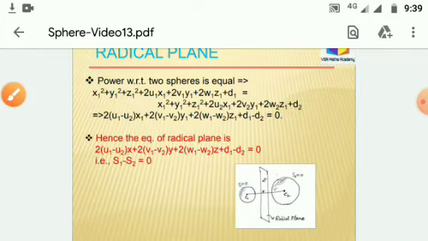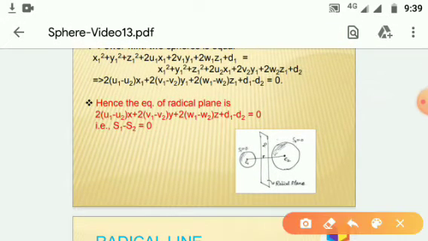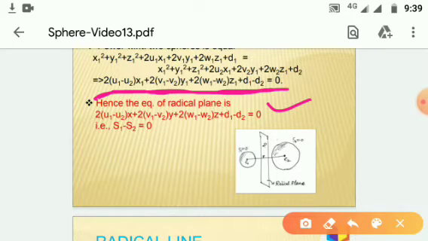The locus of P is obtained by replacing x1, y1, z1 in this equation with x, y, z: 2(u1 minus u2)x plus 2(v1 minus v2)y plus 2(w1 minus w2)z plus d1 minus d2 equal to 0. This is nothing but S1 minus S2 equal to 0.